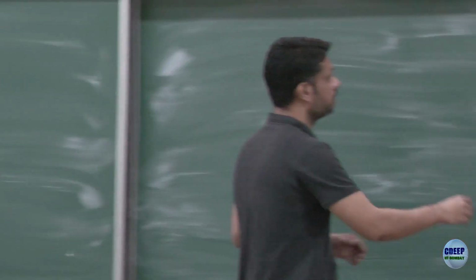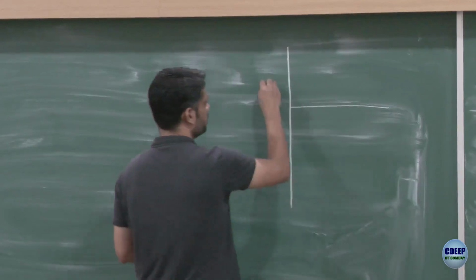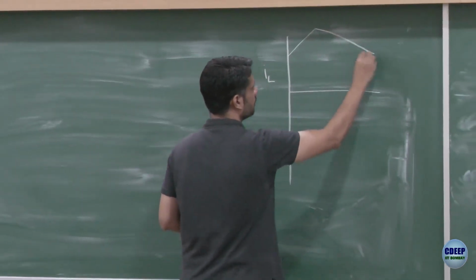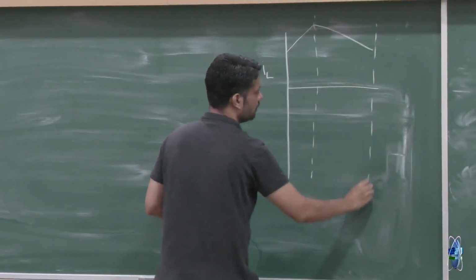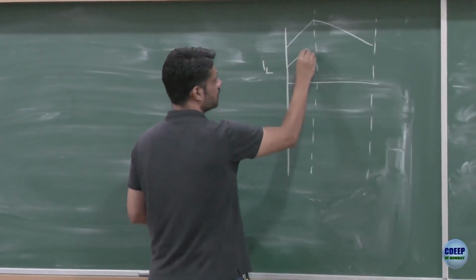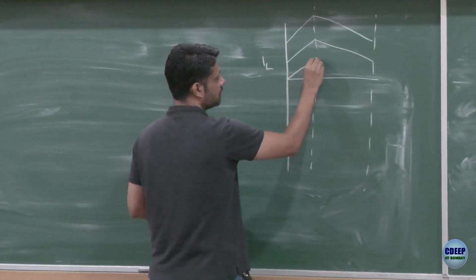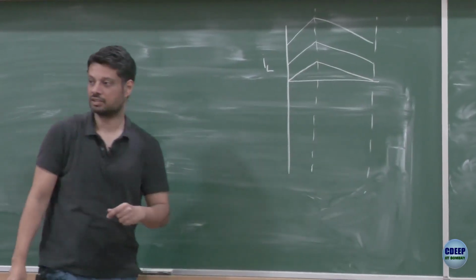And therefore we saw that if this is your inductor current, it could be like this. If the load reduces, this may reduce to this. If the load further reduces, it may reduce to this, and beyond this it goes into discontinuous conduction mode.